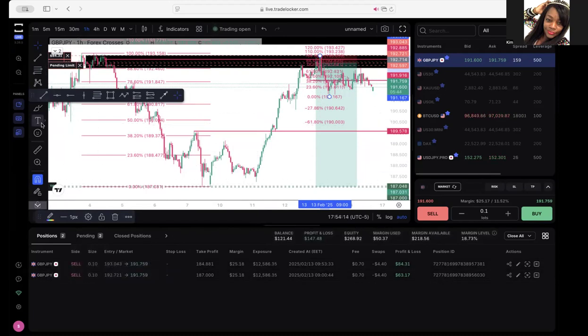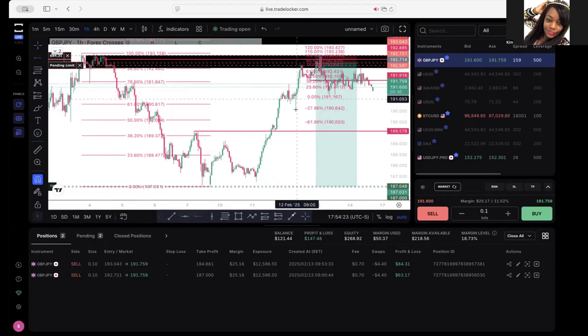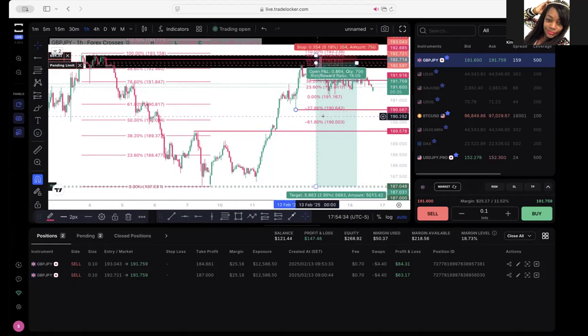That's in alignment with, where's my little tools? Oh, here we go. That's in alignment with this low right here. So I am expecting to take TP at this low. It may push down a little bit. It may just wick, but I'm expecting to take TP at this low.